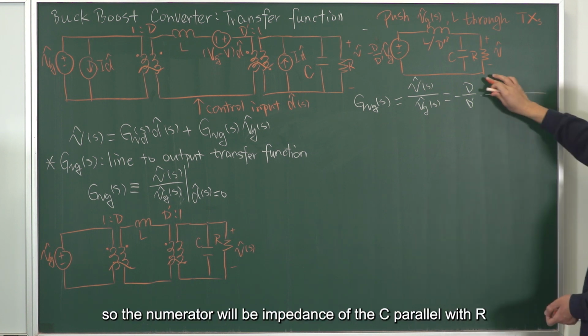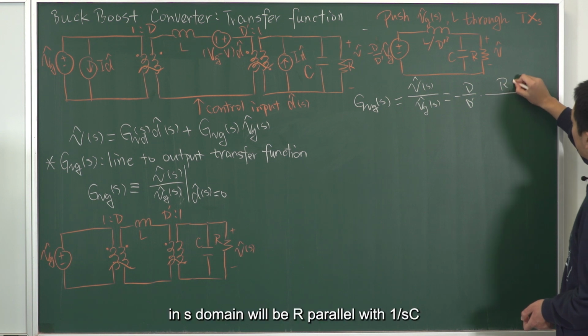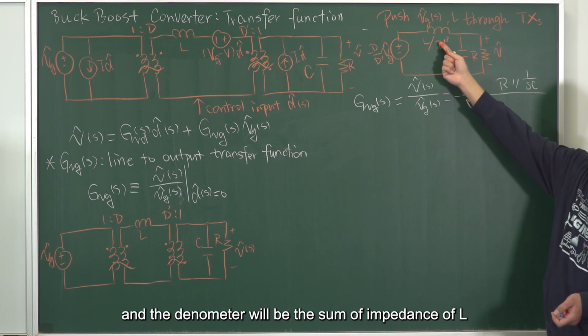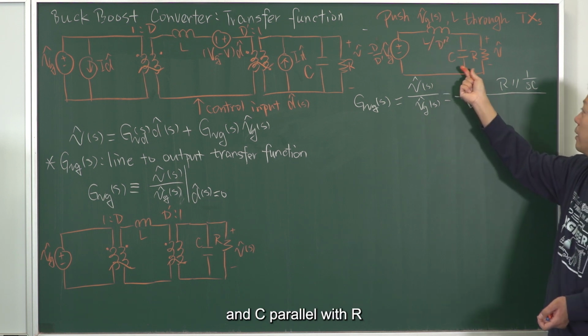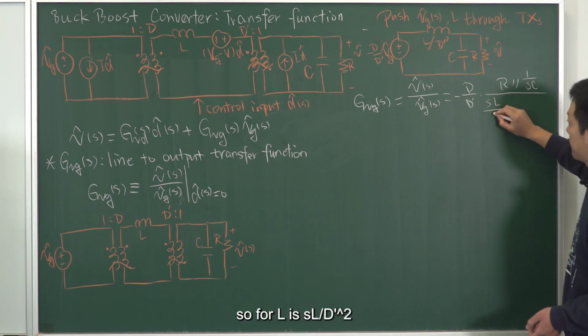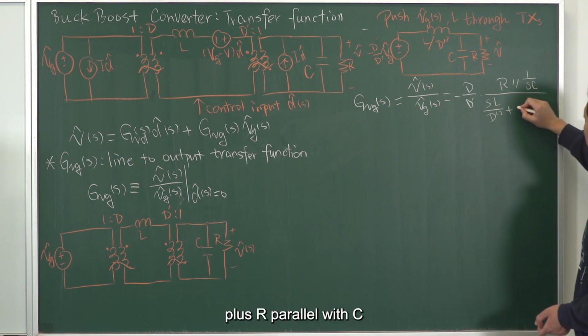So the numerator will be the impedance of the C parallel with R. In S domain will be R parallel with 1 over SC. And the denominator will be the sum of the impedance of L and C parallel with R. So for L is SL over d prime square plus R parallel with C.